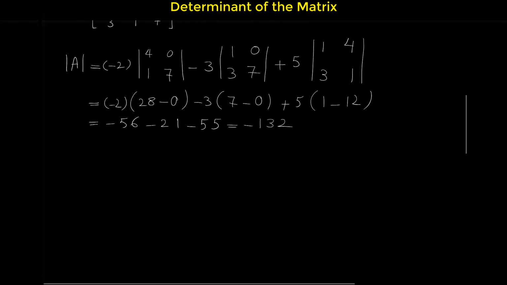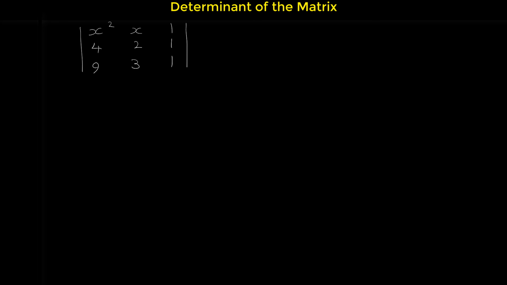Let me show you one more example of finding the determinant of a 3 by 3 matrix. But this is a bit different question. We want to find the value of x such that this determinant, x squared, x, 1, 4, 2, 1, 9, 3, 1, is equal to 0.